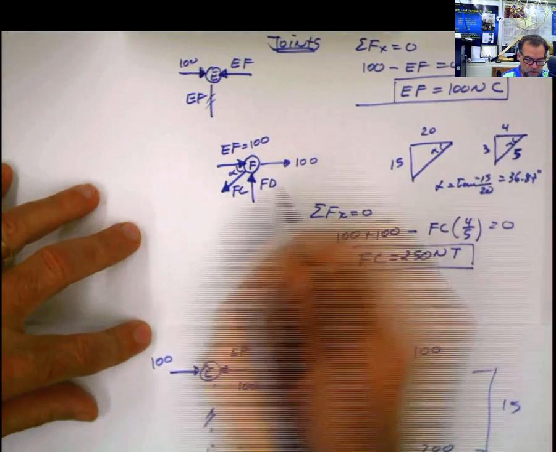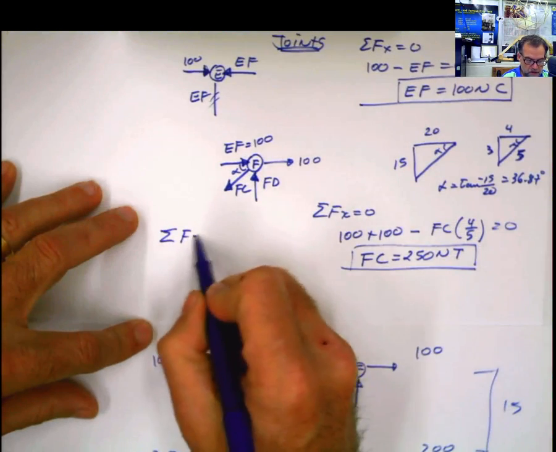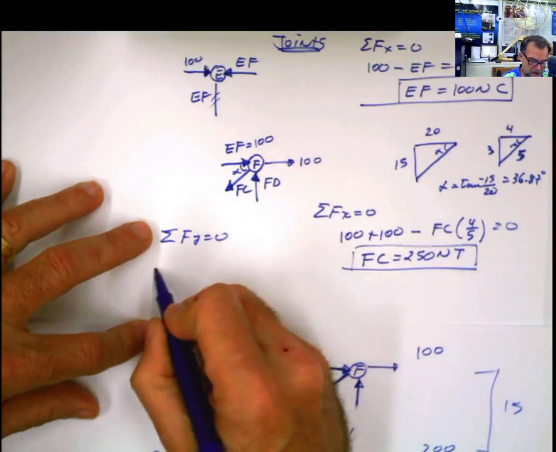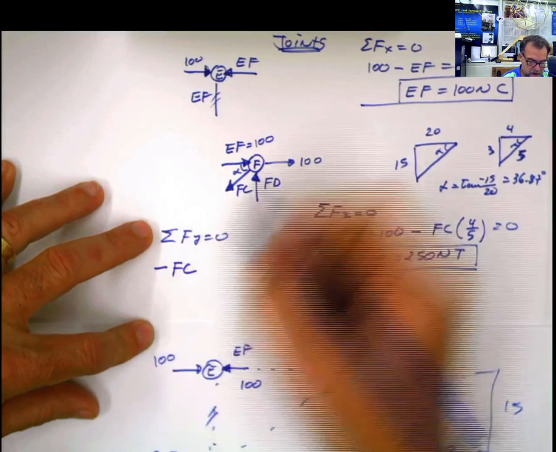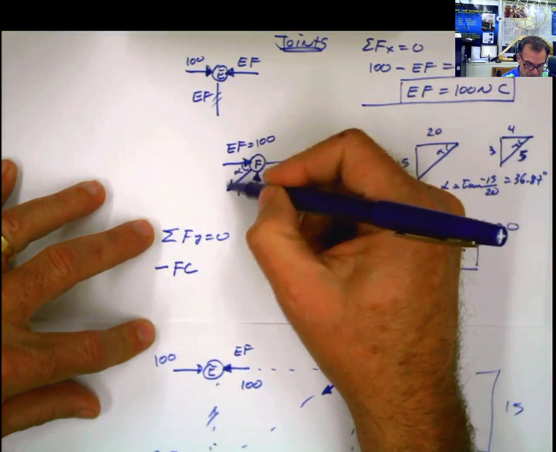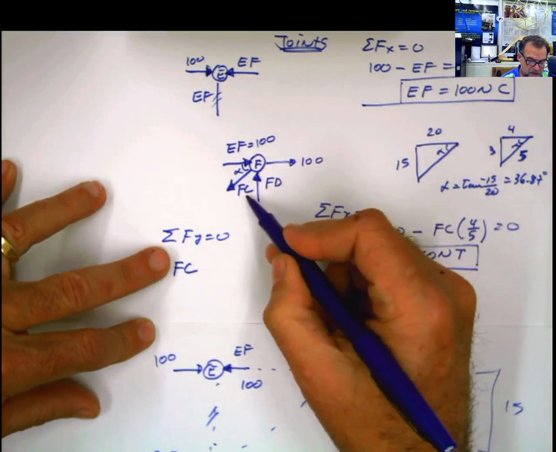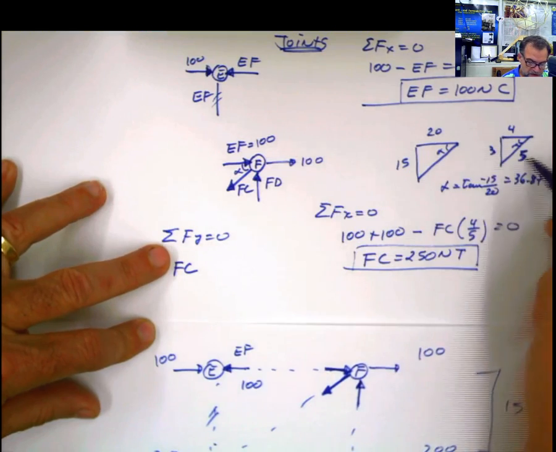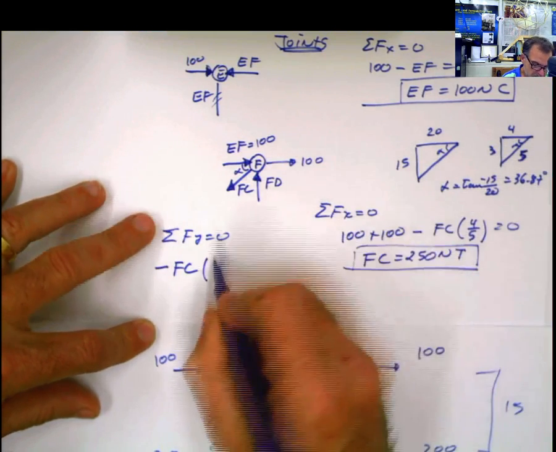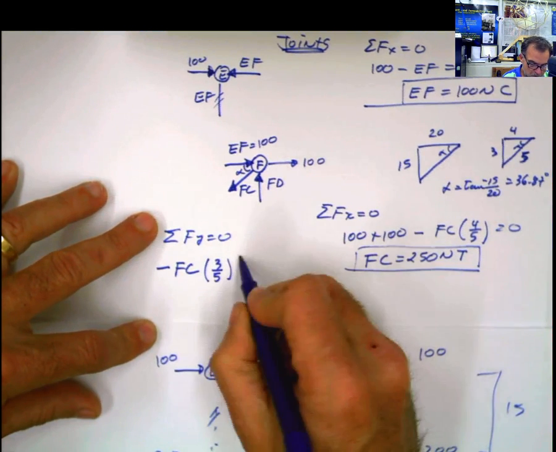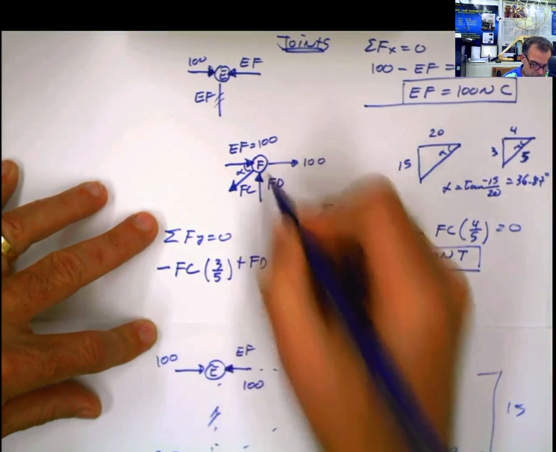What do we have to do now? Summation of forces in Y equals 0. So what do I have in Y? I have negative FC, and either I use sine, because it's this component that I'm talking about, or I use 3/5, which is exactly the sine of alpha, plus FD equals 0.